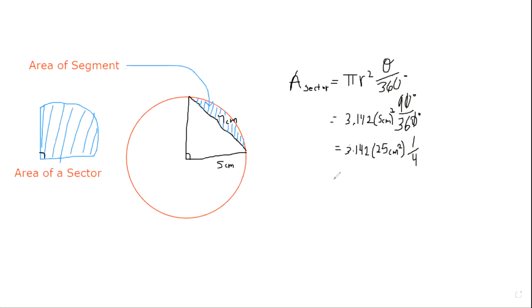And this 1 over 4 is equal to, if you like decimals, does anybody know the decimal for 1 over 4 by heart? 0.25. That's right, 0.25. So this is an example of how a fraction leads to a decimal.